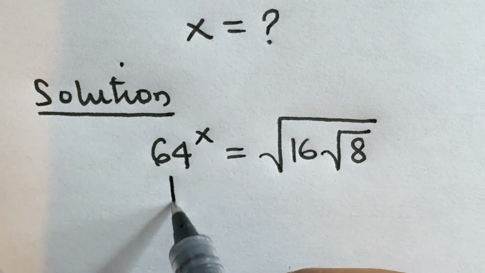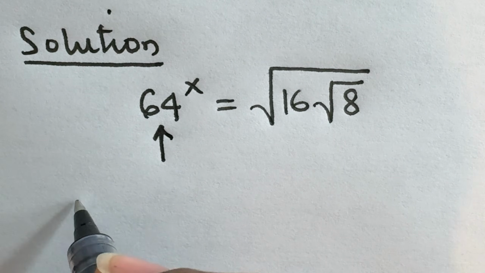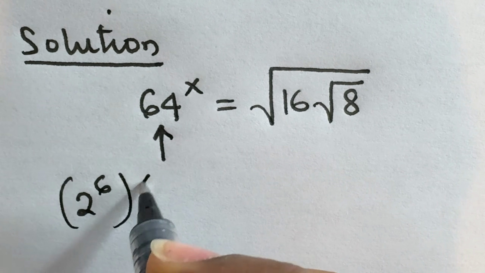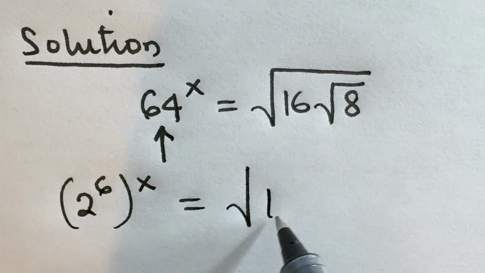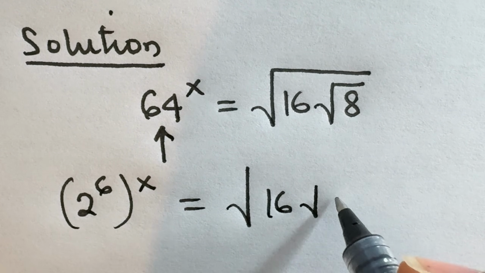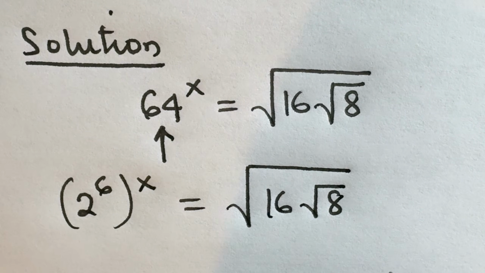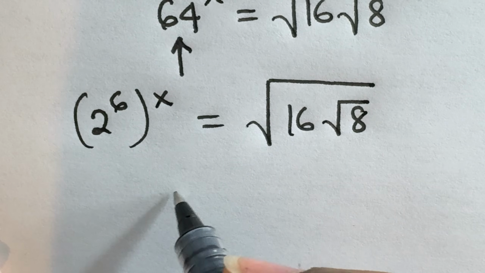I'll start from here. Express 64 as 2 raised to power 6, then raised to power x is equal to square root of 16 times square root of 8. Then by law of indices, we can open up this bracket.